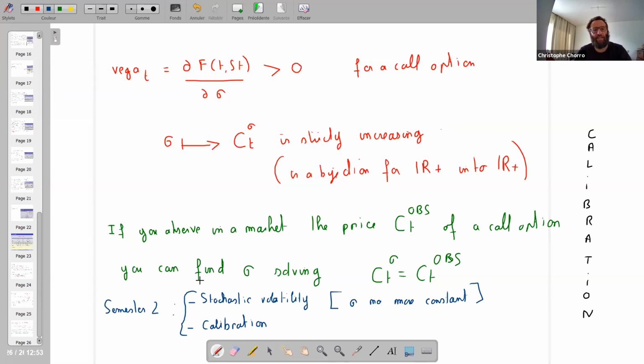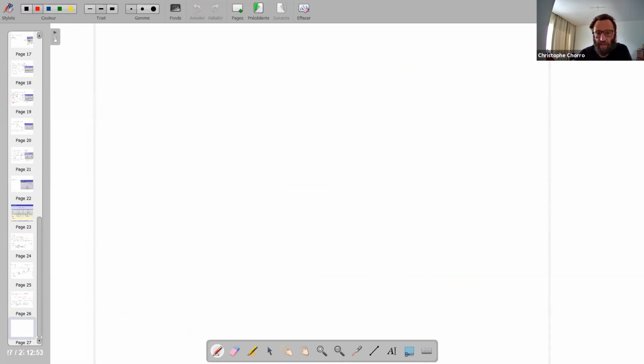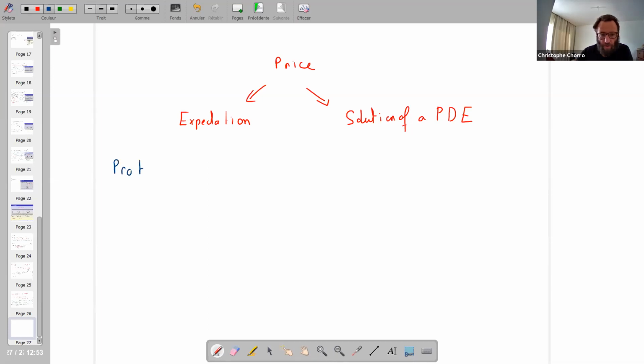And the last thing that I can say, in order to conclude, is that we have seen that for the price, you can see it in two different ways. As an expectation here, and as a solution of a partial differential equation here. Here, you are in the domain of probability. Here, you are in the domain of classical analysis.